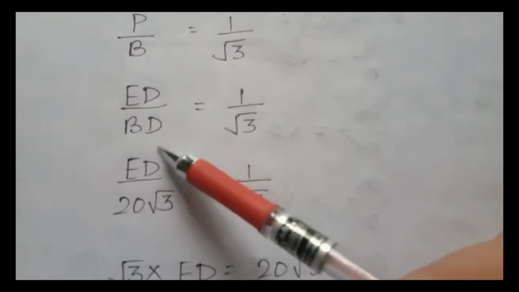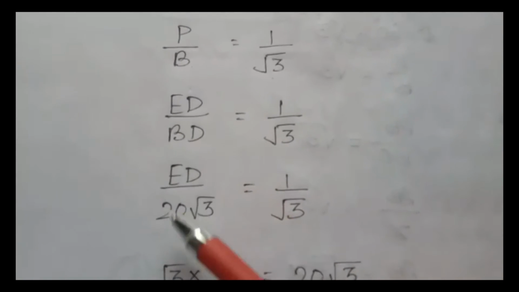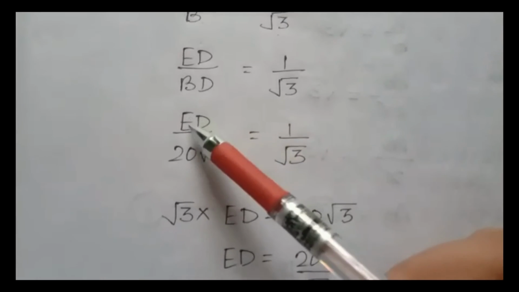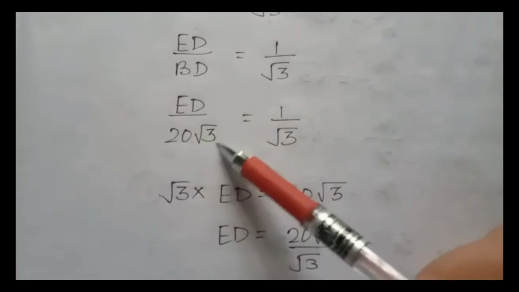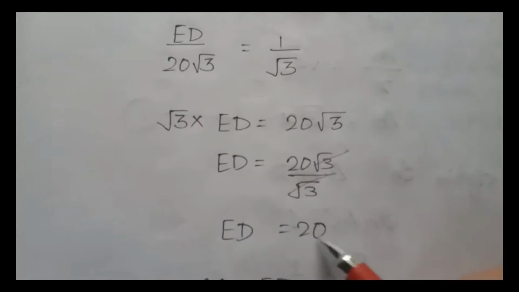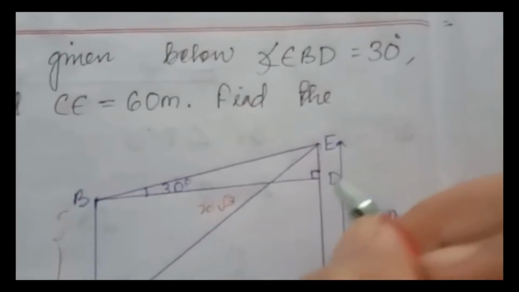Perpendicular is ED and base is BD. So ED by BD is equal to 1 by root 3. ED divided by BD, which is 20 root 3, is equal to 1 by root 3. Cross multiply: root 3 into ED is equal to 20 root 3 into 1. Now root 3 cancels with root 3, so ED is 20 meters.